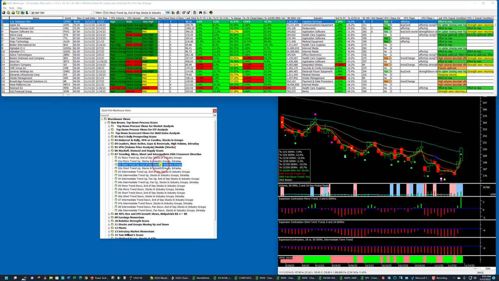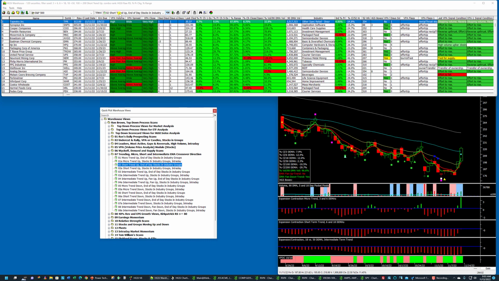Getting back to this, I'm going to go to the short-term trend, and this gives me a different list of stocks. If you look up here, you can see that the crossover has happened on the 3 and the 6, and the VPOC, volume point of control, is positive here.